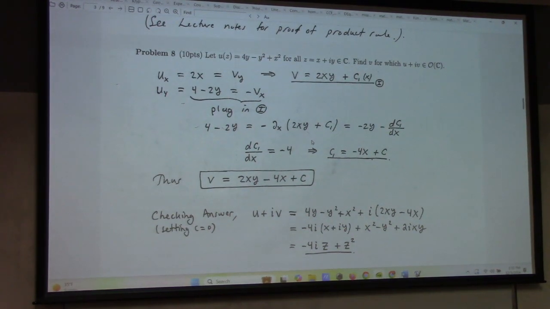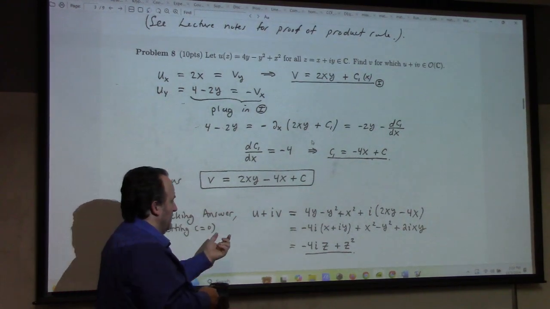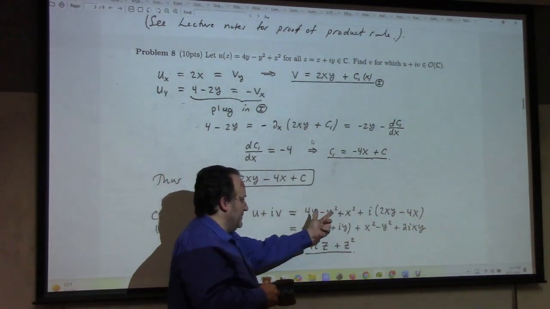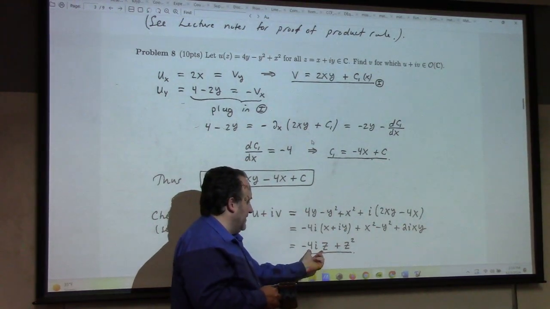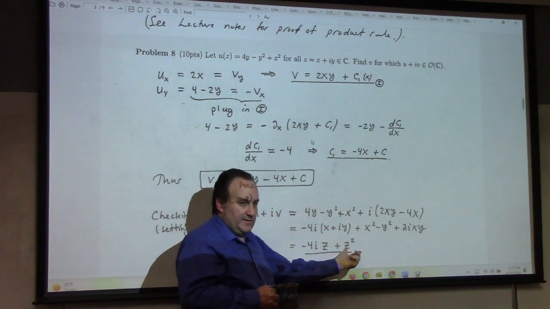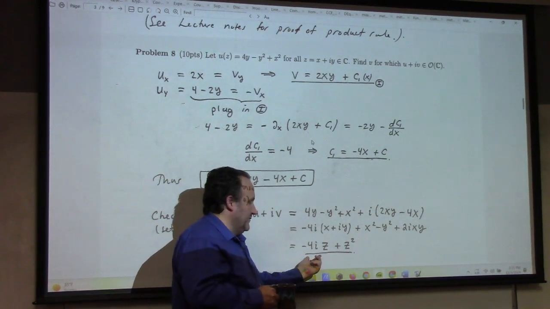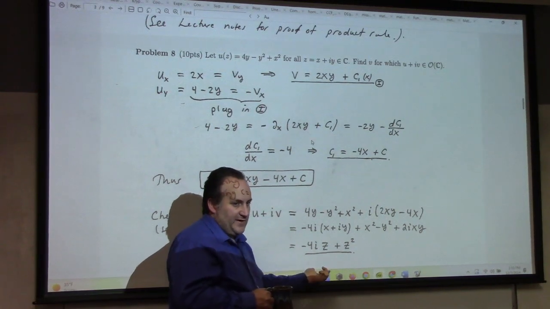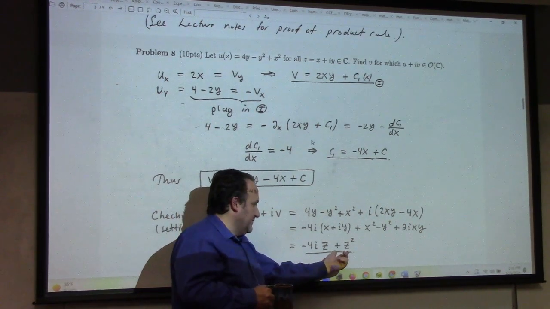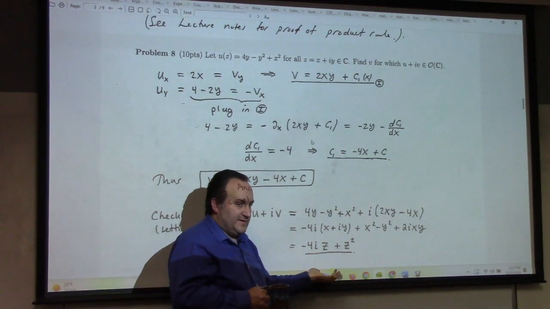Now, of course, the other way to check the answer is to notice that if we put it back in terms of z notation, u plus iv here is this plus that. And if you group things, you can see actually that's minus 4iz plus z squared. Well, that is only a function of z, and as such, it's complex differentiable. By the Wirtinger calculus, the partial derivative of this with respect to z bar is 0, manifestly so.